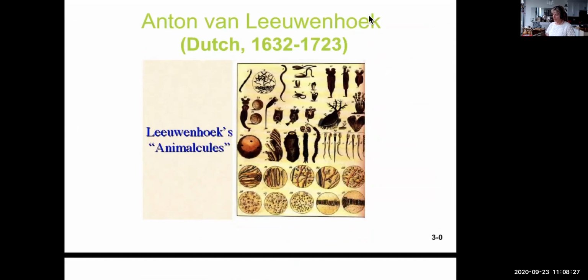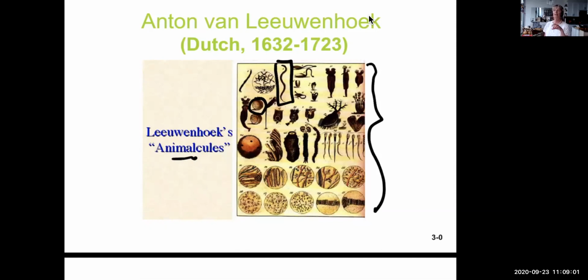Anton van Leeuwenhoek was also an investigator of things you could see in the microscope. He would take small pond samples and look at them, and he called them animalcules. So this is a sample that he would have taken from a pond. Interestingly, it includes some unicellular organisms, but some multicellular organisms like this one, which happens to be a nematode, are smaller than unicellular ones.